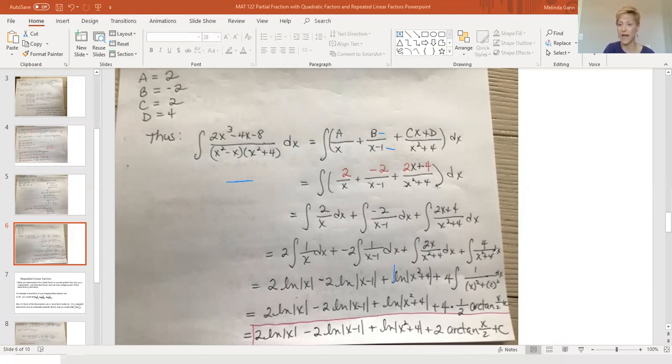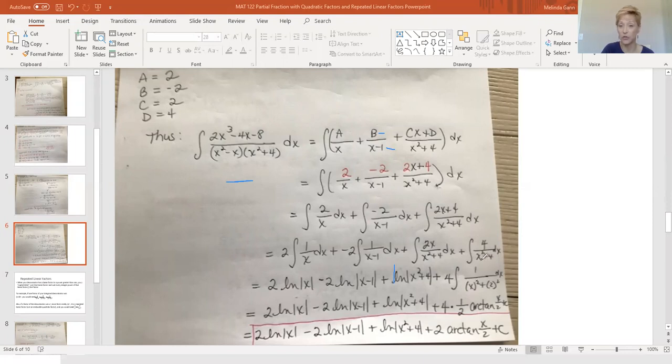But now what about this next one? Well, I've got to go back and start over. It's not power rule, because I don't really have anything to a power. It's not natural log. So what is it? Well, it's arctan, because I've got something squared plus something squared. I went ahead and showed you that: you square x to get x squared, and you square 2 to get this.